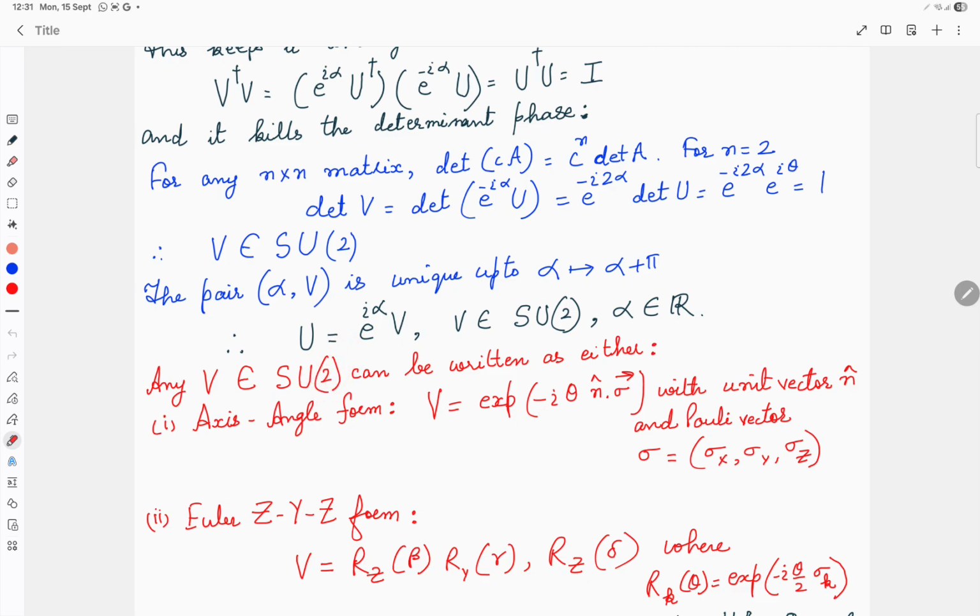so if U, as I have just explained, by using the method of exponentiation, I can obtain the rotation matrix from the unitary matrix. From the Pauli matrices I can obtain the rotation matrices.